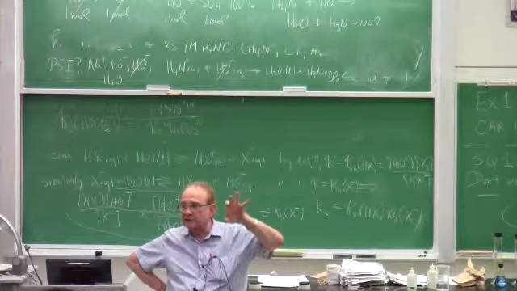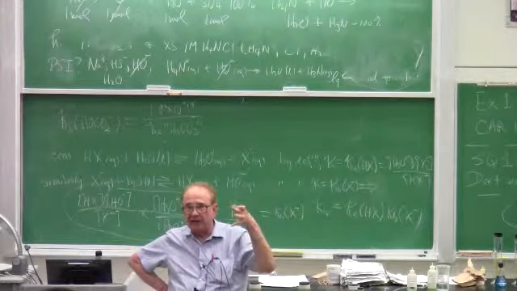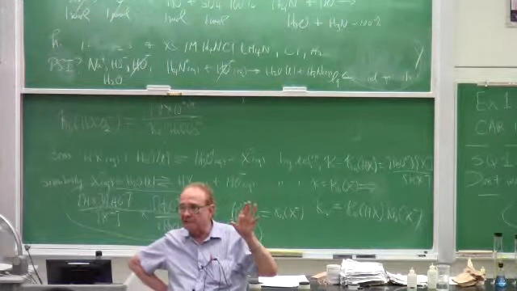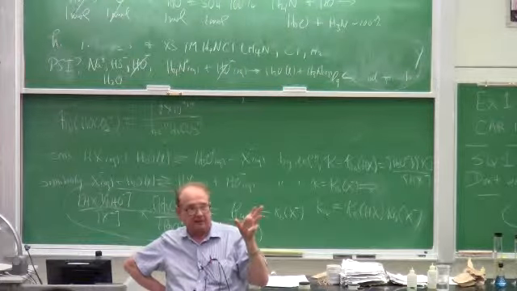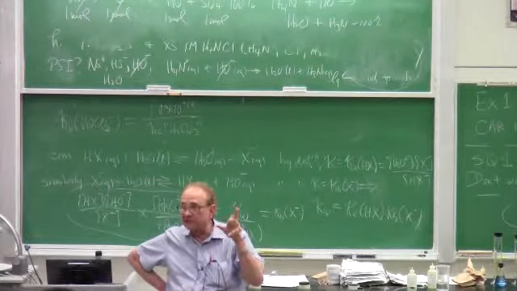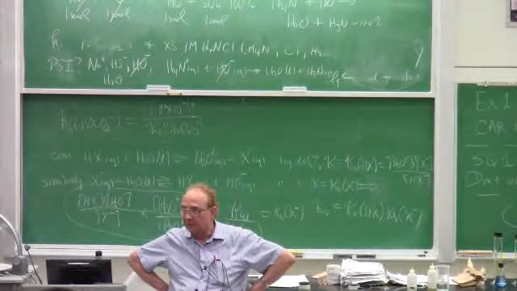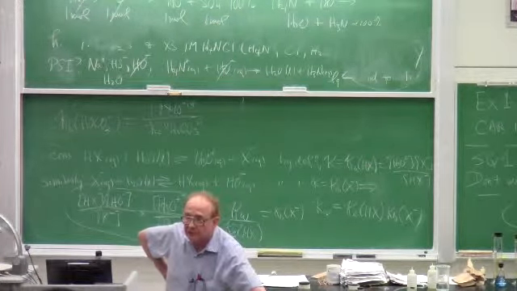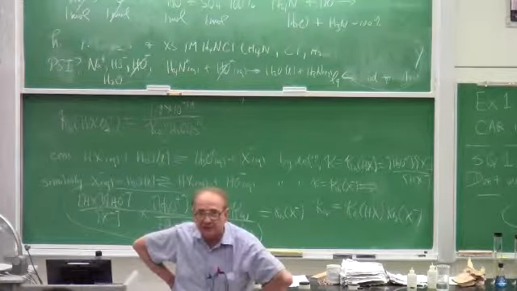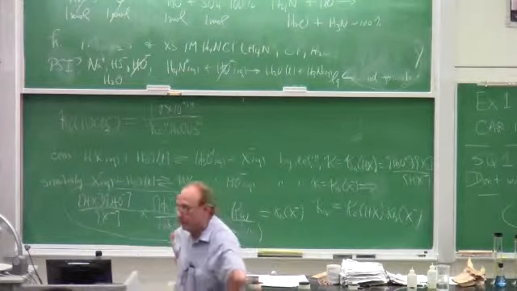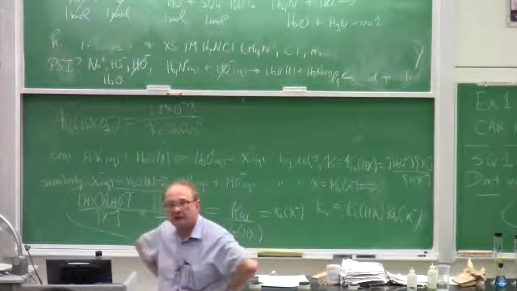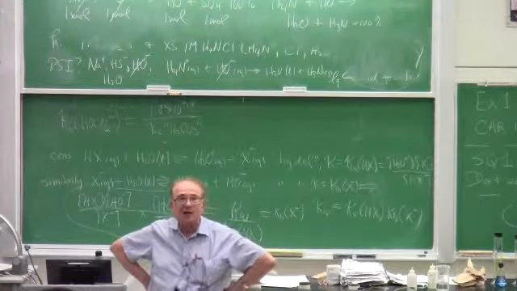Because this measure of its ability to behave as a base is a number times 10 to the minus 8. Is that suggesting that hydrogen carbonate ion is a strong base? No. Hell no! So what do you vote for? Strongly basic or mildly basic for sodium hydrogen carbonate solution? Mildly basic, you betcha. And we'll show you how to calculate the hydroxide ion molarity for that solution in the not too distant future.